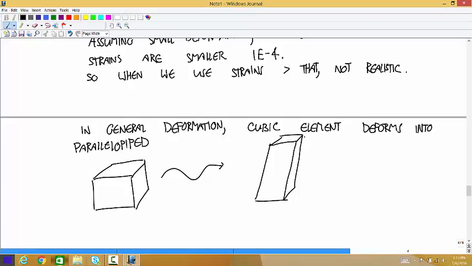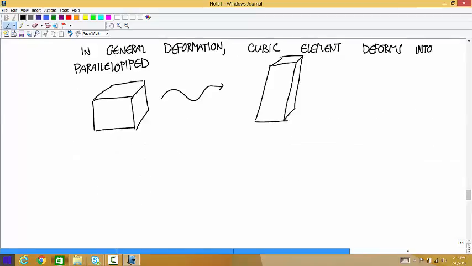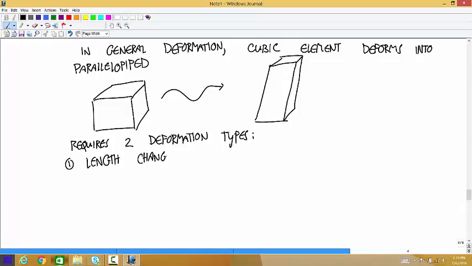And that requires 2 kinds of deformations. Two deformation types: length changes and angle changes. The length changes are going to be represented by the normal strains.